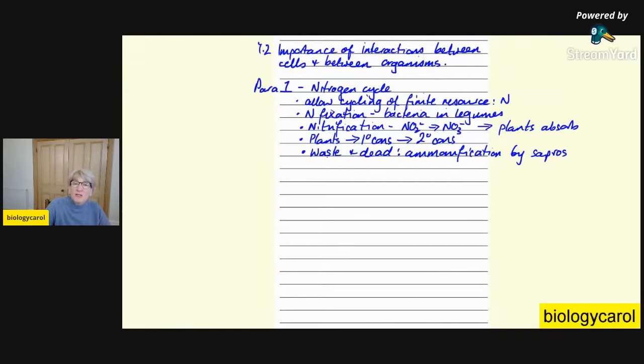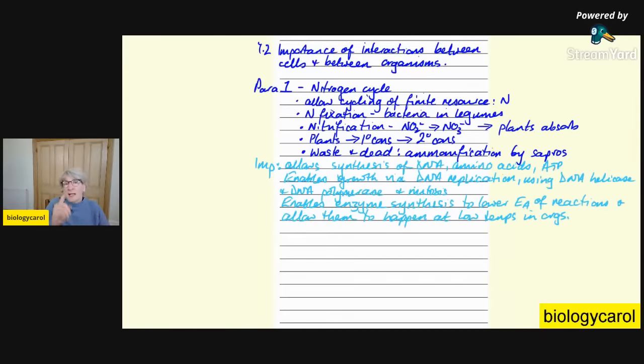But all organisms die, and animals certainly produce waste, feces and urine. And these are ammonified by saprobionts back into ammonia. I haven't talked about denitrification. I'm not too worried. There's enough content there for the paragraph. And here's my importance bit.